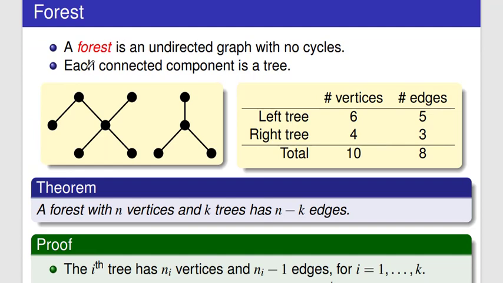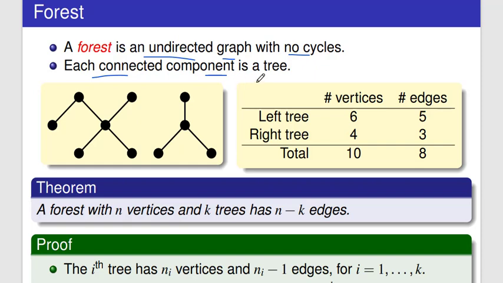Okay, next, forest. A forest is an undirected graph with no cycle. Each connected component is a tree. Forest means there is more than one tree; if there are hundreds or thousands of trees, we call that a forest.